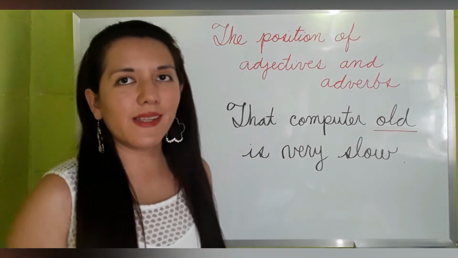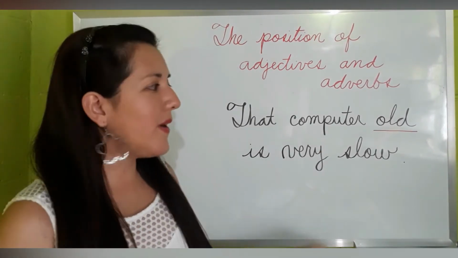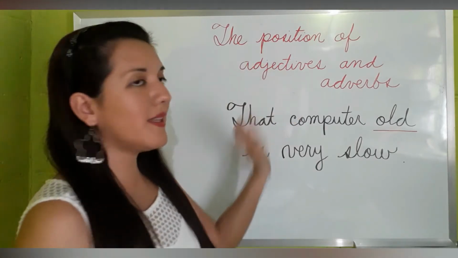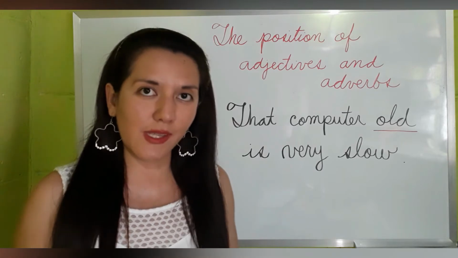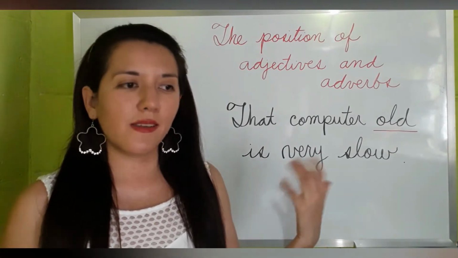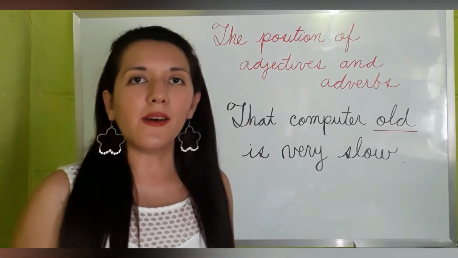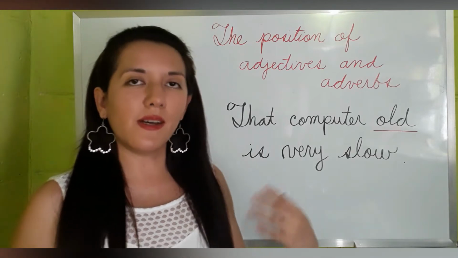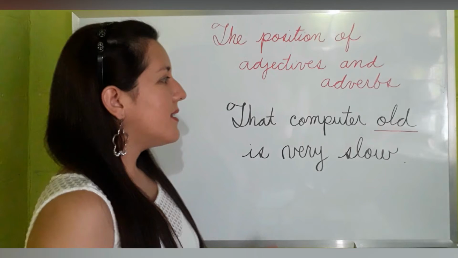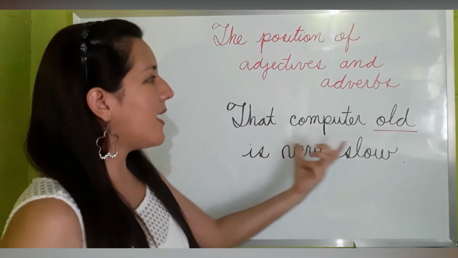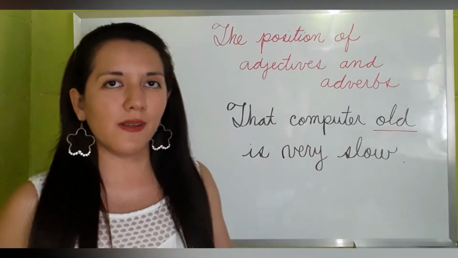Okay, let's look at this example about the position of adjectives. As I said, adjectives have three positions in the sentence. They can be either before the noun, after the noun, or as part of the complement or predicate in a sentence. So here we read the sentence, that computer old is very slow.